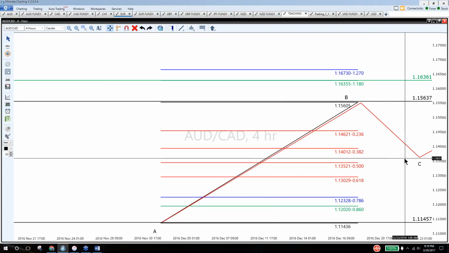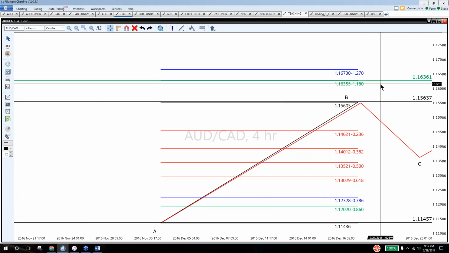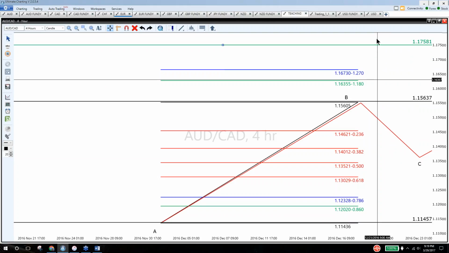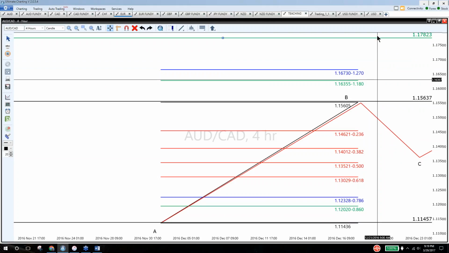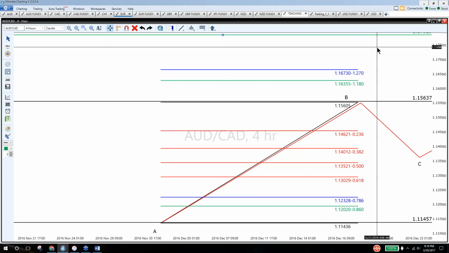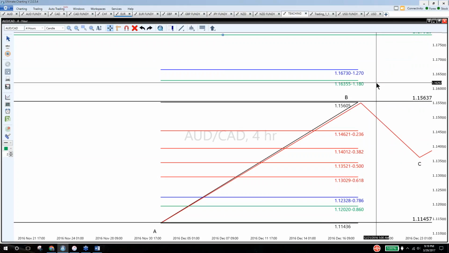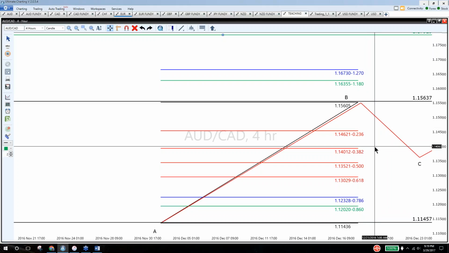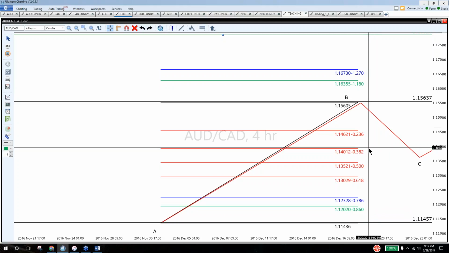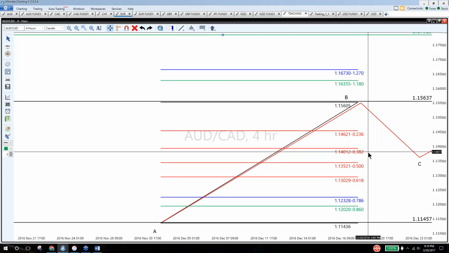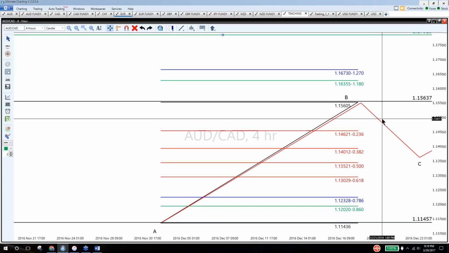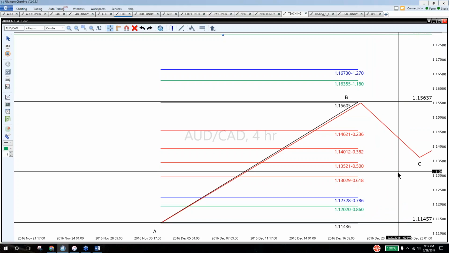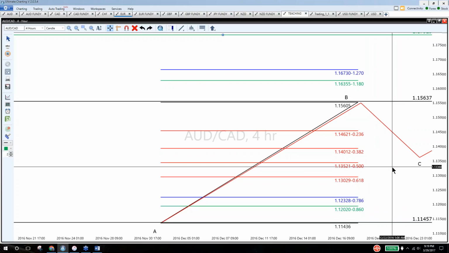Hasn't touched the 50, so we're dealing with a 382. What do we know about 382s and less than 382s? The 80-20 rule, right? As long as you've got a 382 or less than a 382, you've got the 80-20 rule, which means more than likely the market's going to do what? Retrace toward a deeper point. It's going to try to make its way down lower.